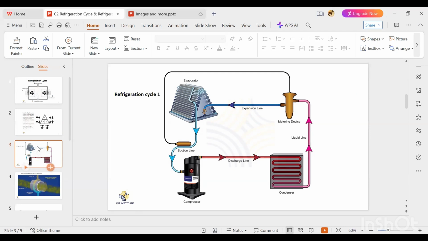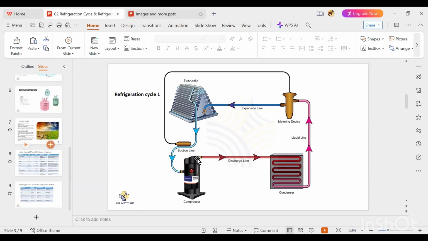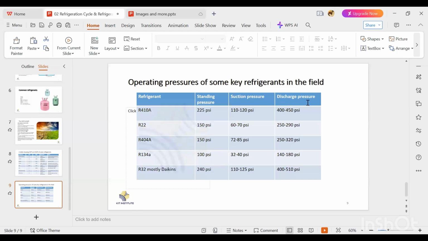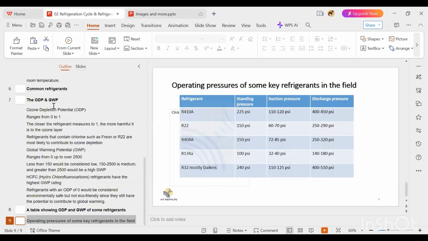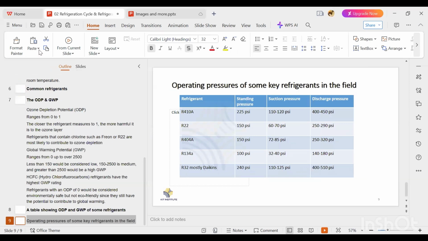Then the discharge pressure. This is going to be on the discharge of the compressor, on the discharge line of our system.